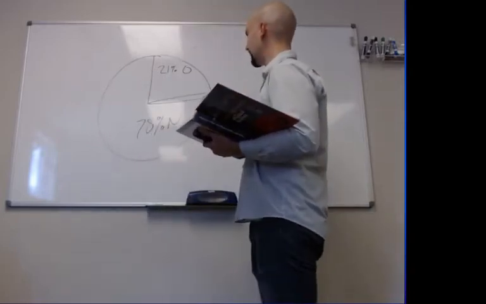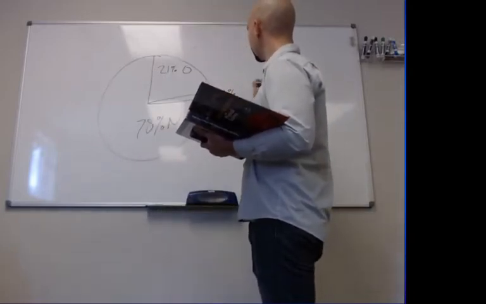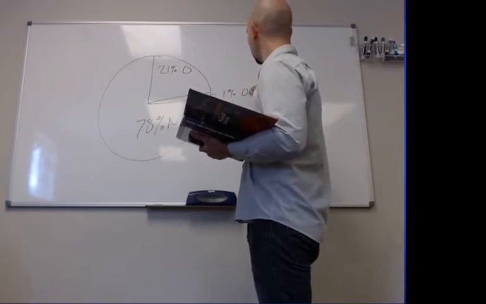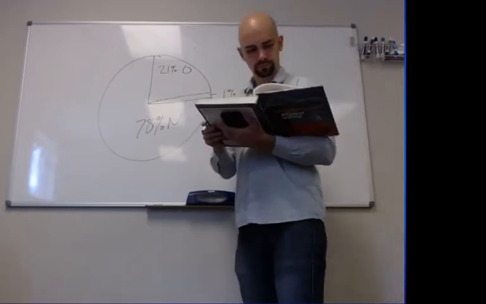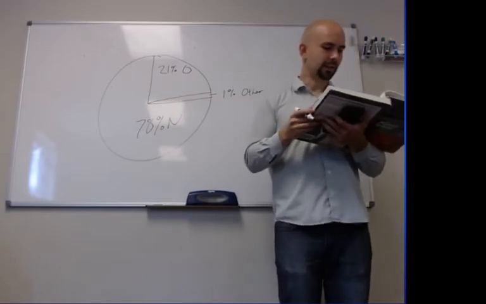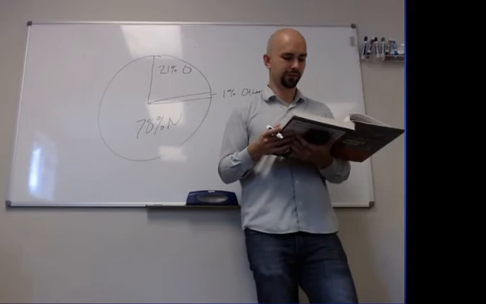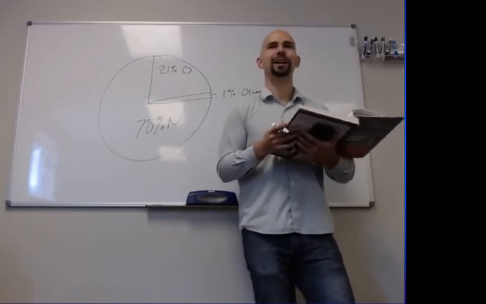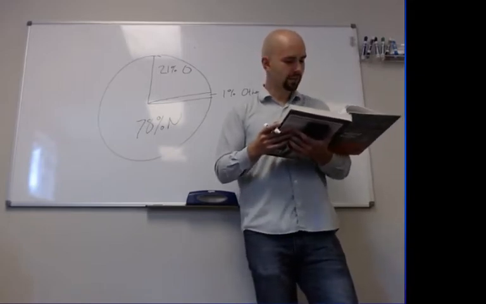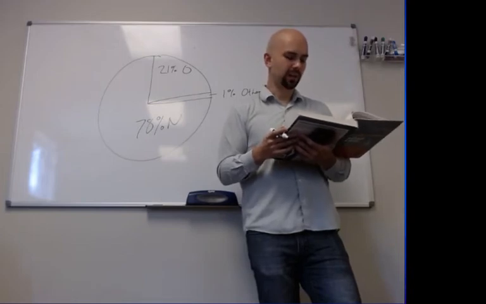And most of that 1% other is what? Carbon dioxide, water vapor, and something called argon, and then variable quantities of different pollutants and things like ozone, sulfur oxides, and nitrogen oxides. So yeah, 0.9% of that is argon.